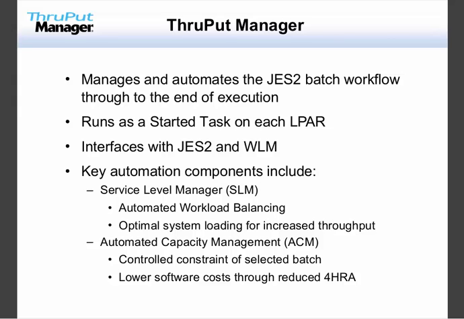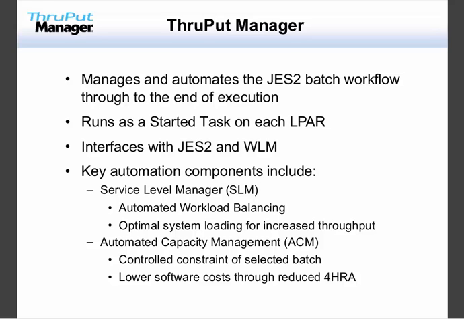And this is automatically reviewed and reevaluated every 10 seconds, just like a WLM policy adjustment interval. So when you're not busy, maybe you don't care. But when your system does get very busy, what this ensures is that the most critical work always runs first. And by automating those initiators in the queues, you can meet those goals. We're going to talk mostly about automated capacity management today, though.